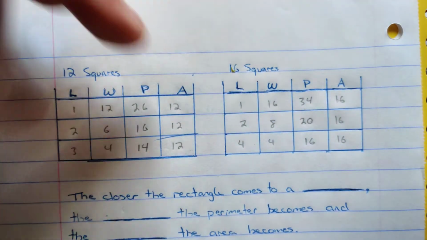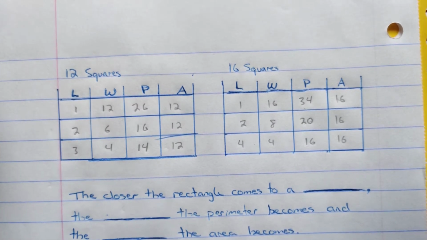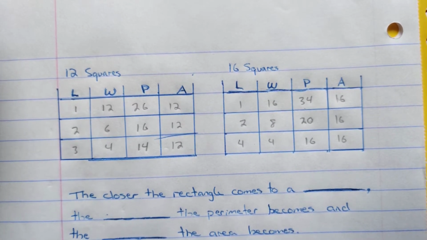Now, when is the perimeter minimized? When do we get the lowest perimeter? We get the lowest perimeter when we approach the shape of a square.